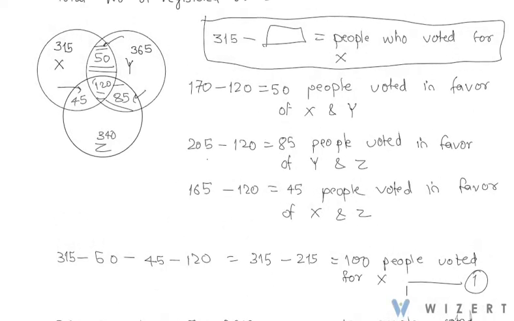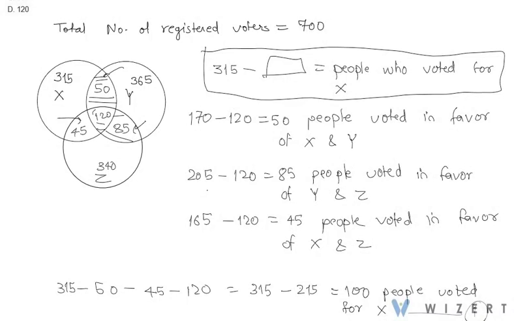And in the same way we'll find the number of people who voted for Z only. The number of people who voted for only Z will be 340 minus this portion, that is 45, minus this portion, that is 85, and minus this portion, that is 120.